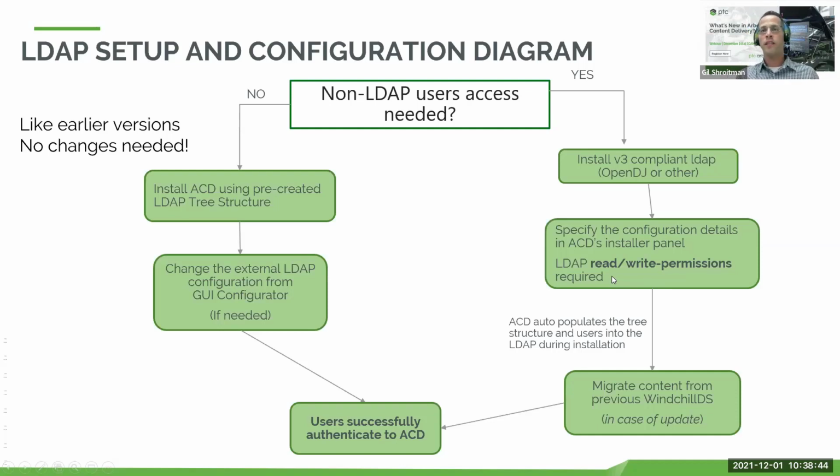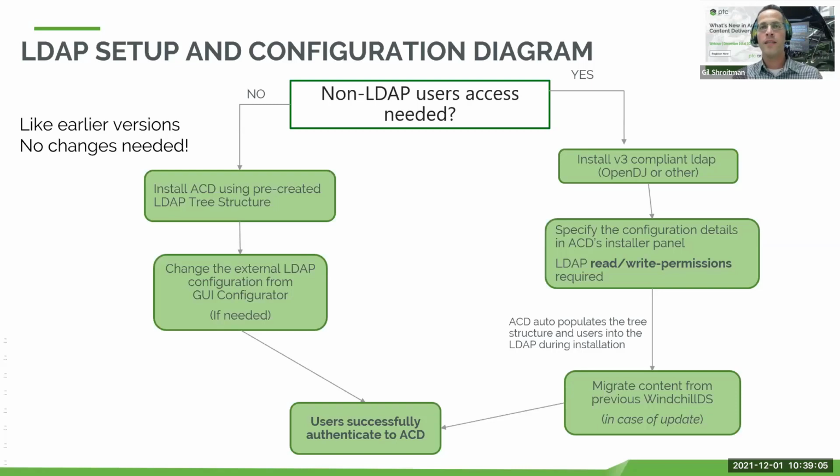One important note here: you will have to grant this specific LDAP both read and write permissions. Otherwise, ACD will not be able to persist or register those ad hoc users into the LDAP while they are being authenticated. So it's important to set the permissions properly.